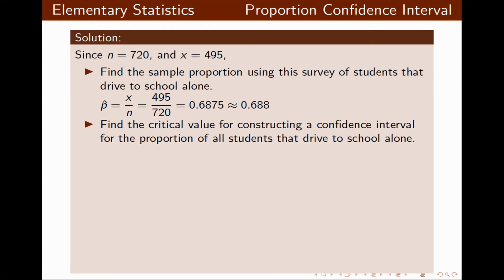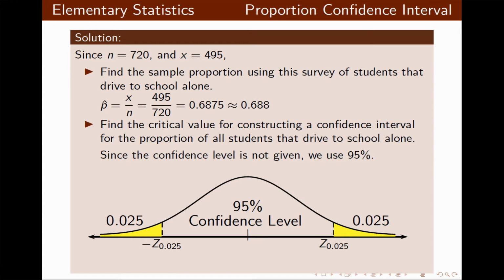For the critical value, to construct a confidence interval, when the confidence level is not given, we use 95%. That leaves us with 0.025 area for each tail. Using the TI command inverse norm with the left area of 0.975, our critical value is 1.960.